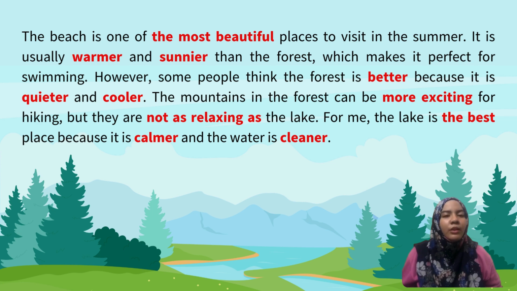It is usually warmer and sunnier than the forest, which makes it perfect for swimming. Warmer and sunnier is comparative. How do we know that it is comparative? Because we are comparing between two things, which are beach and forest.